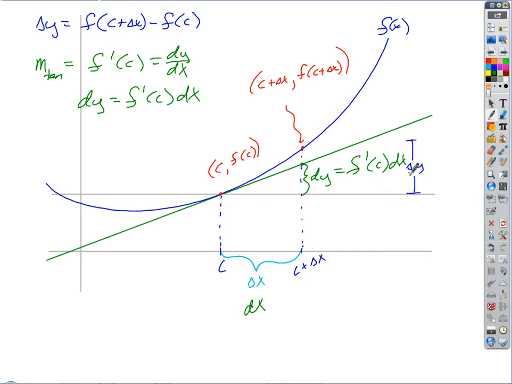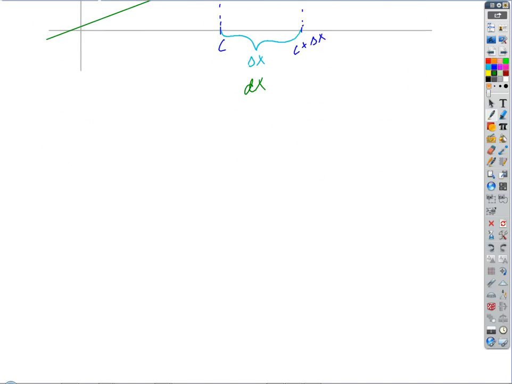Right. So we come up with what's called a differential approximation. Okay, so we end up with dy is always equal to f prime of x times dx.